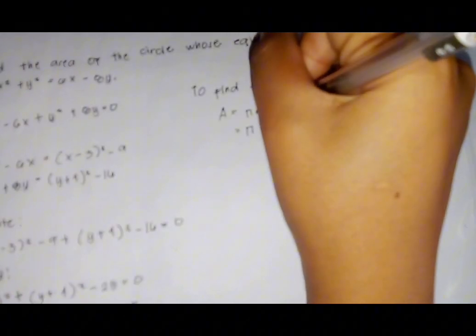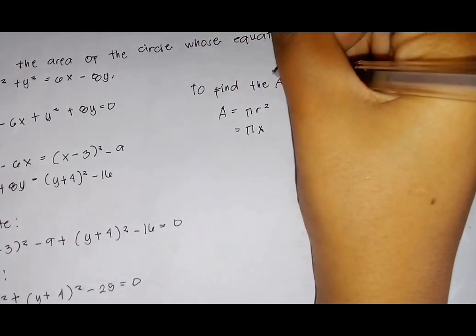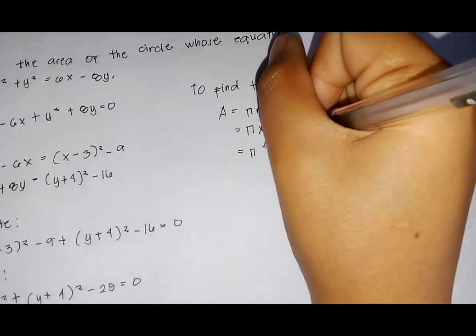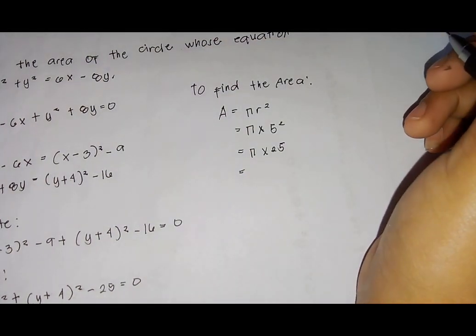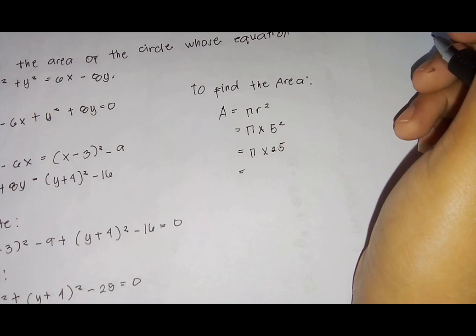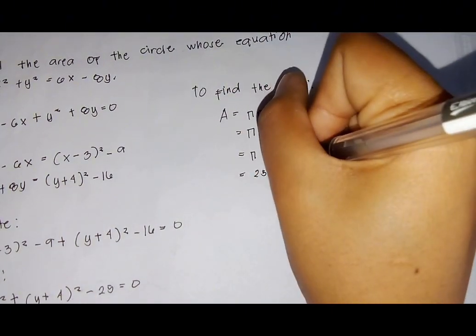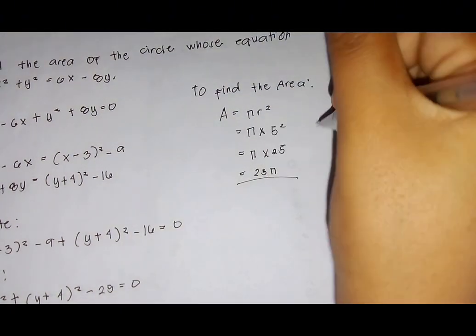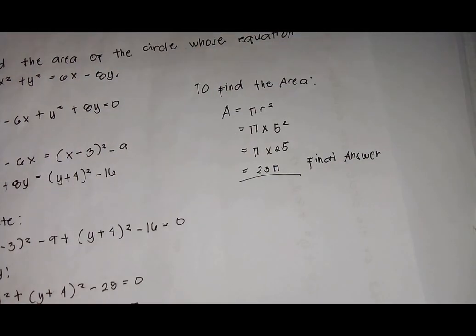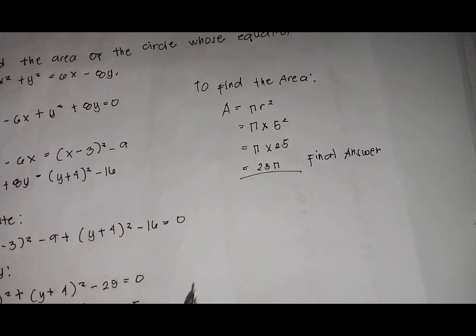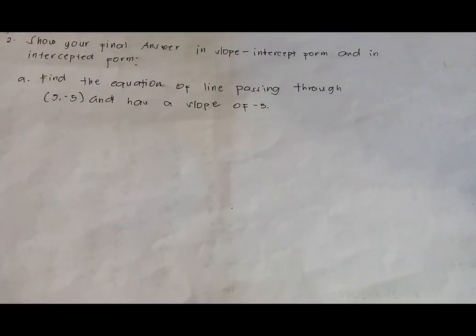So, pi times 5 squared is equal to pi times 25, which is 25 pi. So, our final answer is 25 pi.